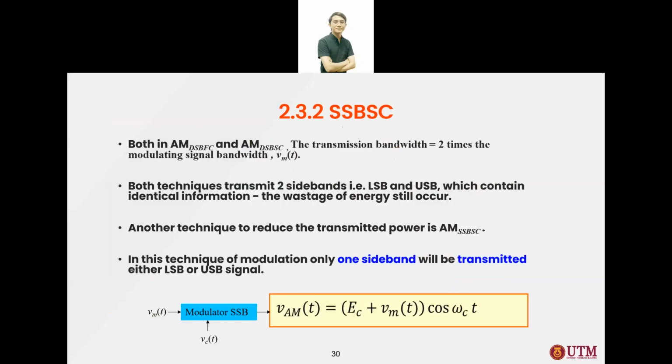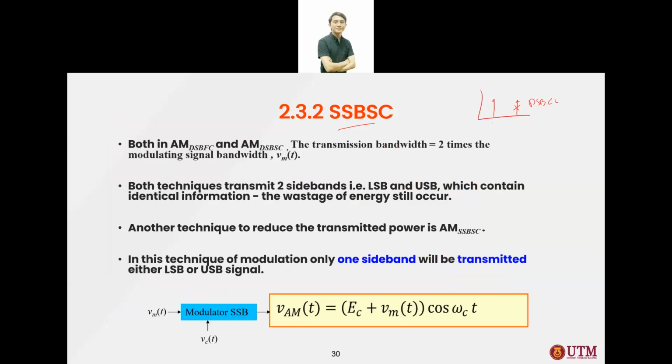Next is single sideband suppressed carrier, where we have double sideband suppressed carrier initially. Now we only want one of them and remove the other one.